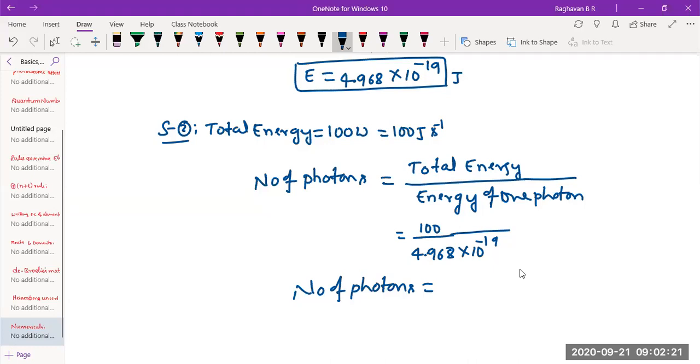Then it becomes 2.01298. 1298 can be approximated to 3, no problem. 2.013 into 10 raised to, 1 decimal left hand side, you need to increase, so it becomes 20. So many photons.